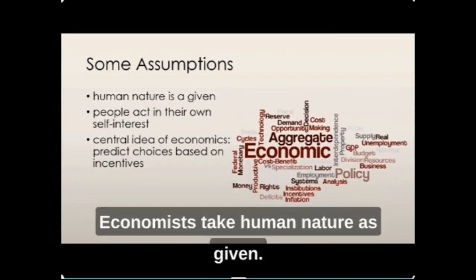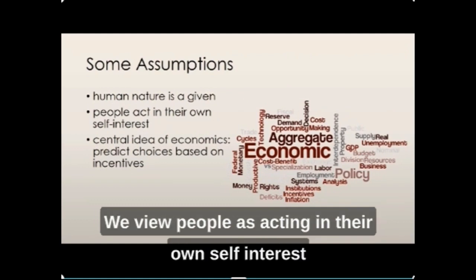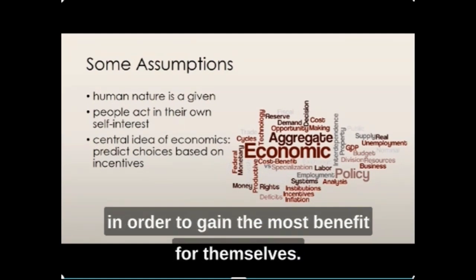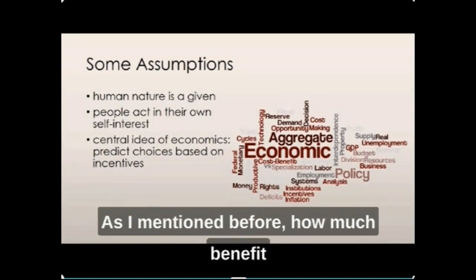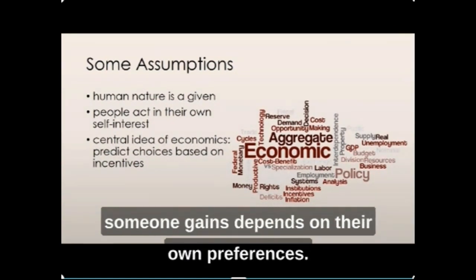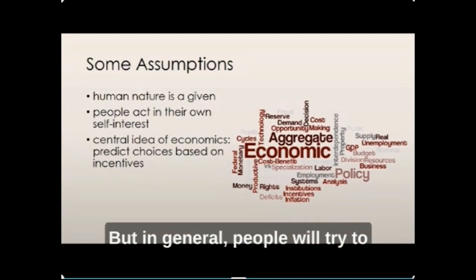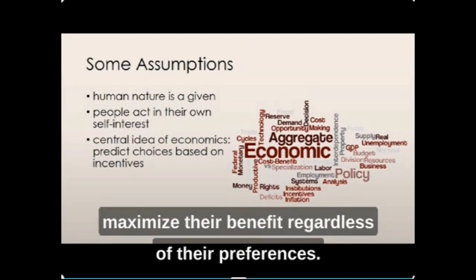Economists take human nature as given. We view people as acting in their own self-interest in order to gain the most benefit for themselves. As I mentioned before, how much benefit someone gains depends on their own preferences, but in general, people will try to maximize their benefit regardless of their preferences.